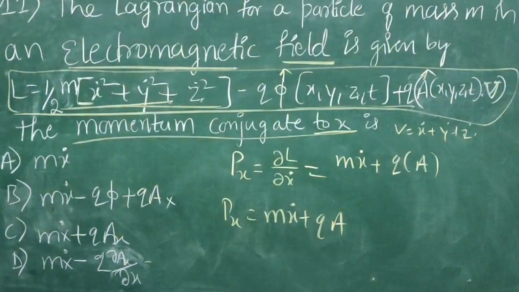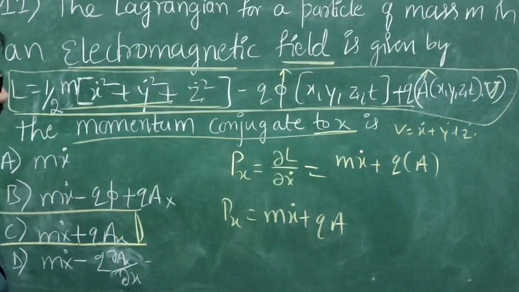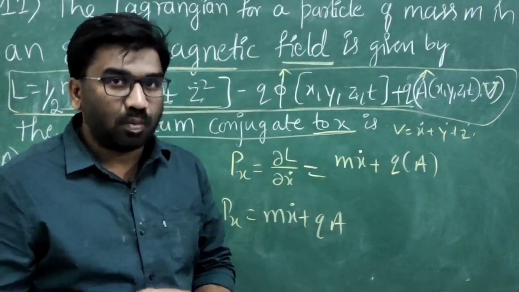Is there any option? m x dot plus q A x, so option C is correct. This is the momentum conjugate for this charged particle when it is placed in an external electromagnetic field.